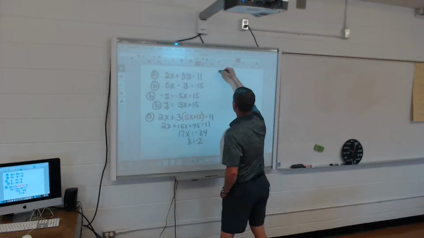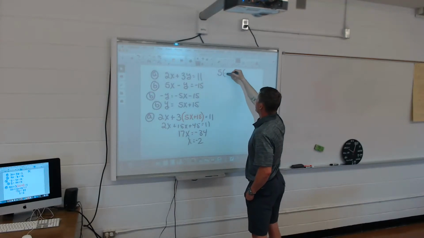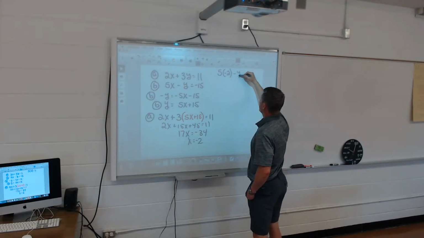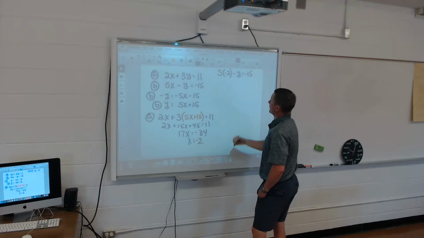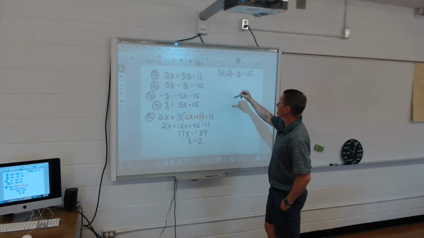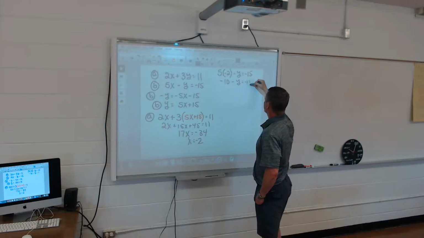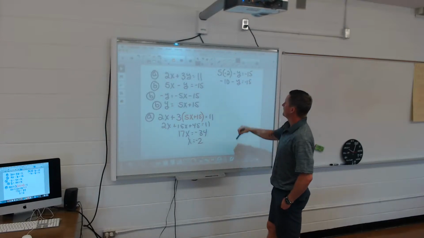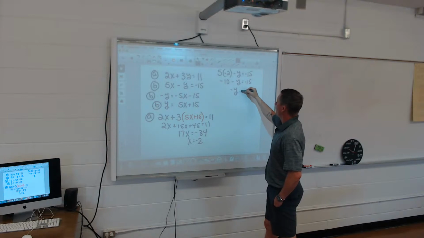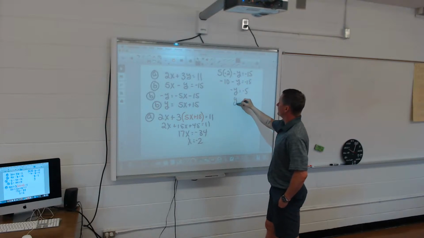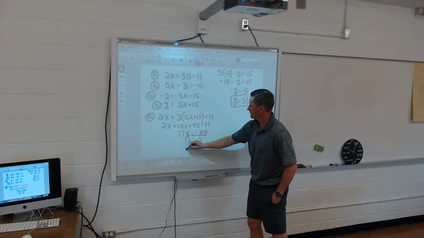Now I'm going to use equation B to solve for what y is. So that gives me -10, subtract y equals -15. Minus y equals -5. Y is equal to 5.